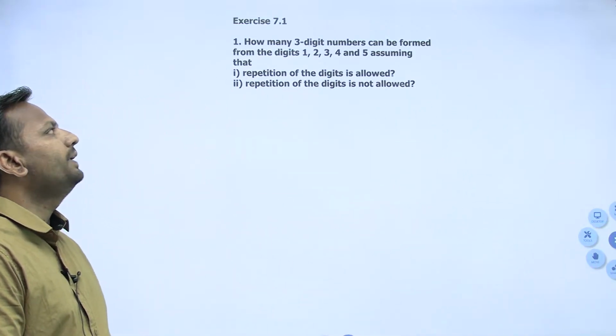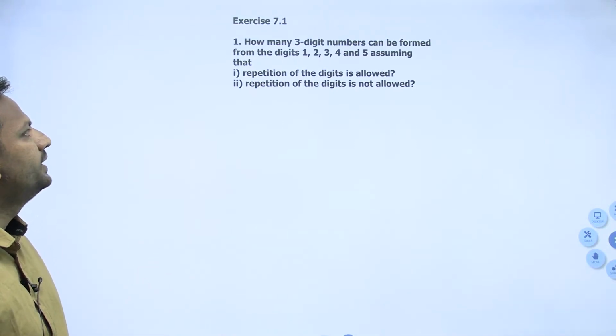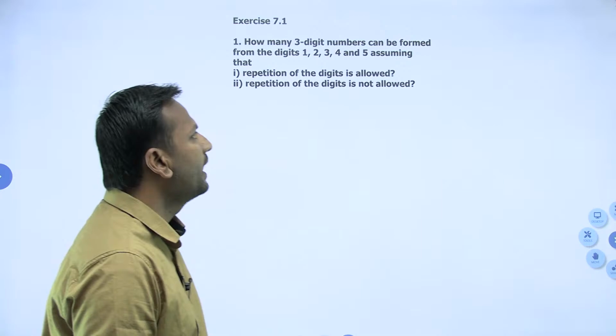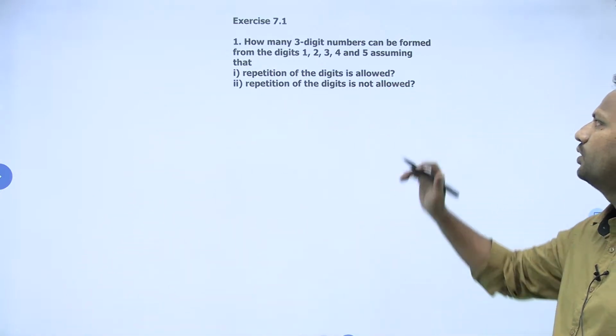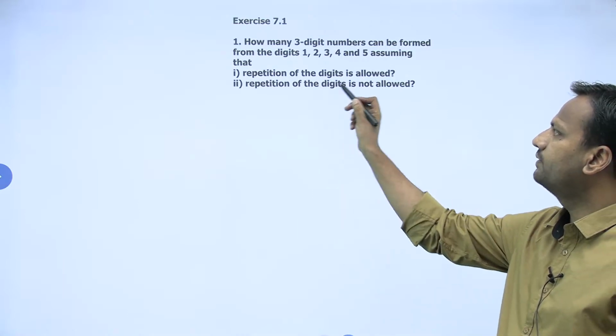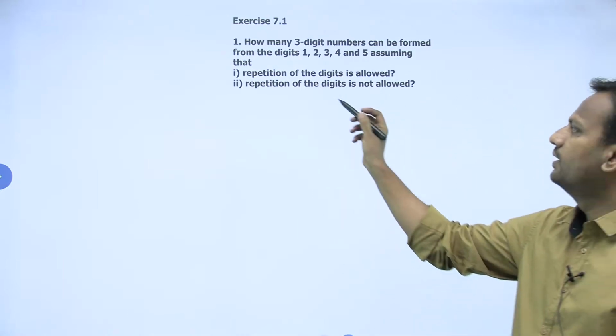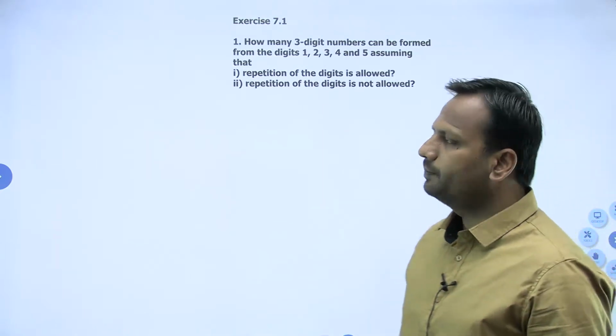First problem: how many 3-digit numbers can be formed from the digits 1, 2, 3, 4 and 5, assuming that repetition of the digits is allowed in the first case, and repetition of the digits is not allowed in the second case. Let me do this.